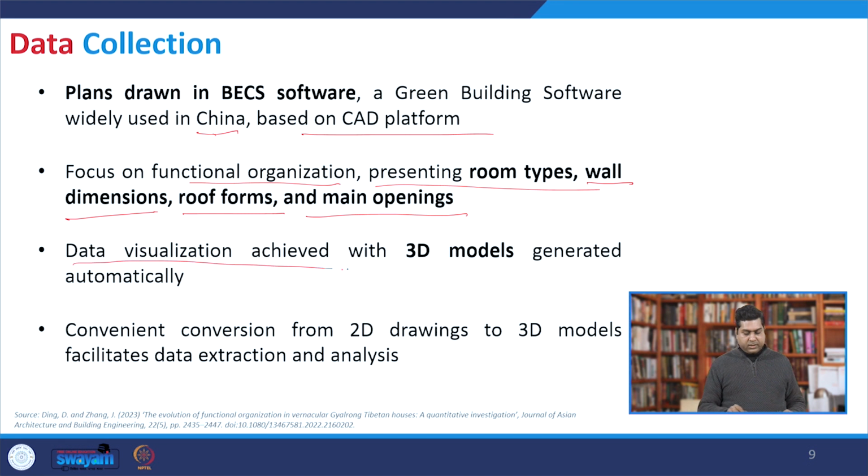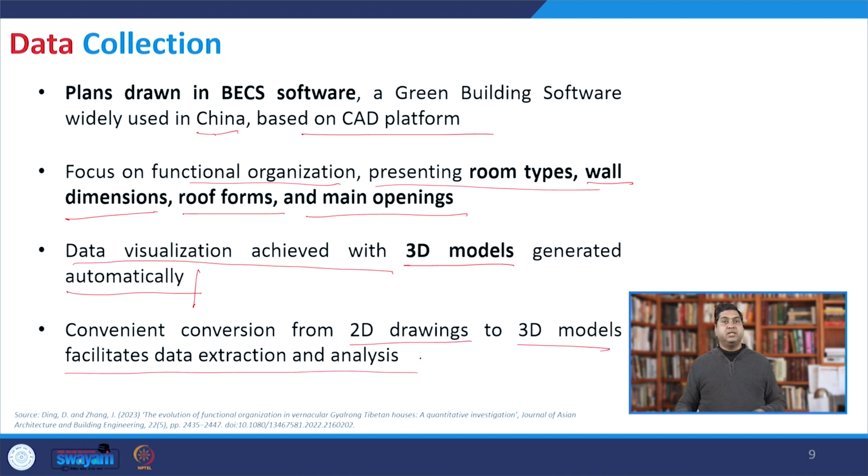Data visualization was achieved with 3D models generated automatically from that information. Convenient conversion from 2D drawings to 3D models facilitates data extraction and analysis very easily, because it is not only a plane, now you have a volume to observe.